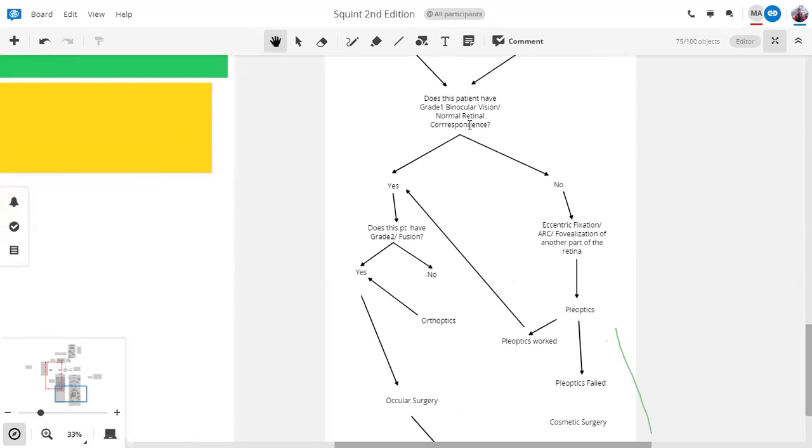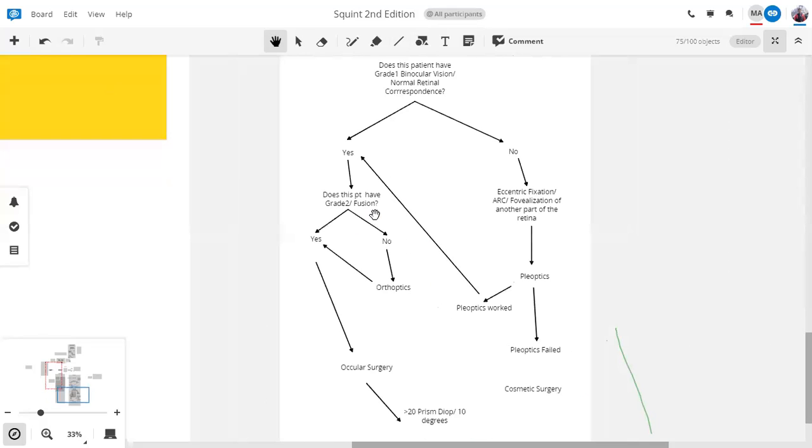If the optics works and the patient has good normal retinal correspondence, then we will assess whether this patient has grade 2 binocular fusion. If there is no fusion, we do orthoptics. Orthoptics are exercises, not movement of the eyes. They are physical muscular exercises, regimens which help us develop binocular vision, stereopsis and fusion.